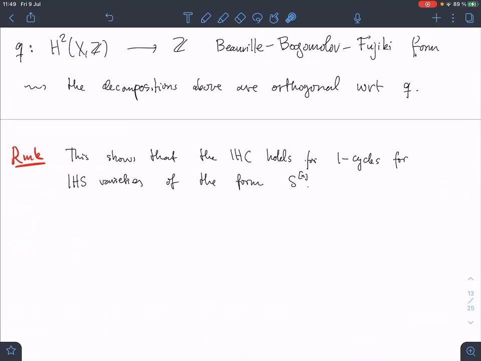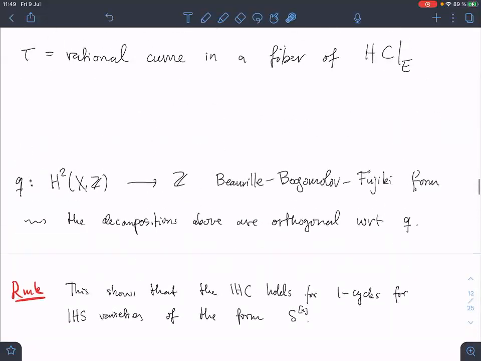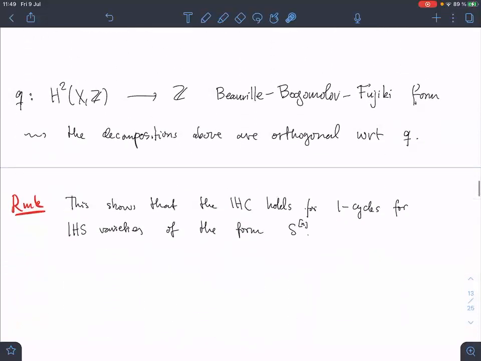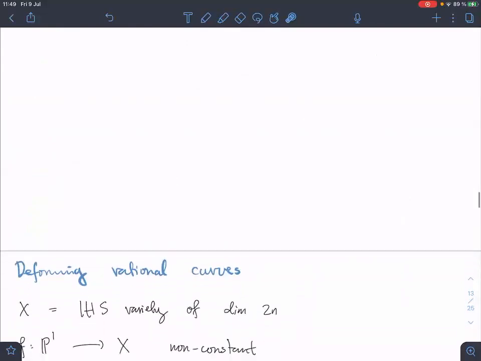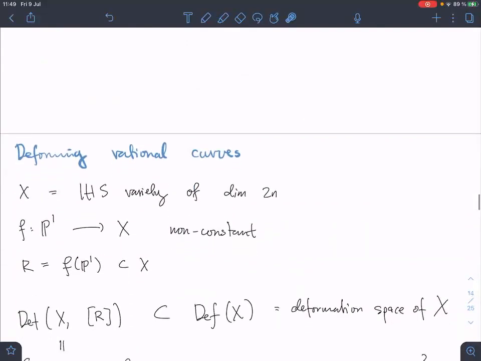Yeah, any questions? Okay, right. So now, basically our job is to produce some curves that should generate the H2.